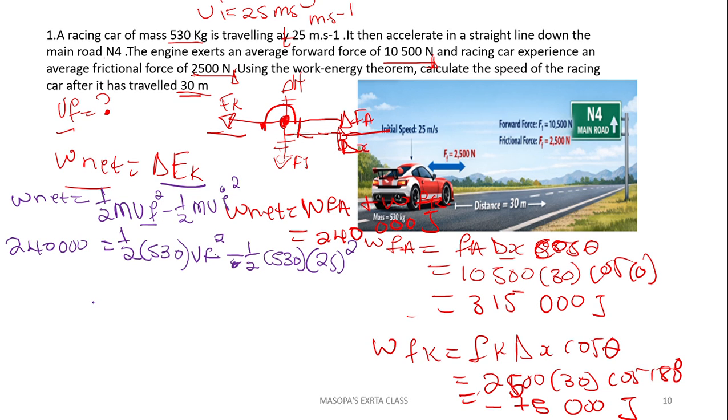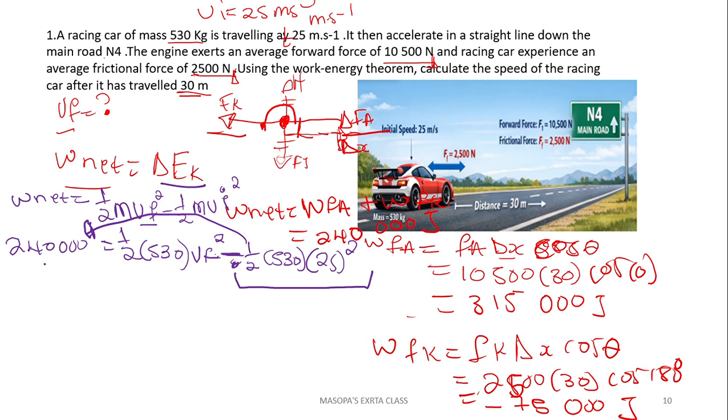So now what you're going to do is find this value, right? And after finding this value, you're going to transpose it to the other side. Because it's minus, it means that you're going to add here.